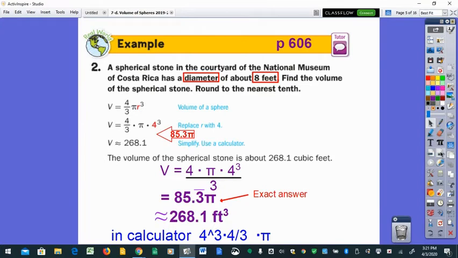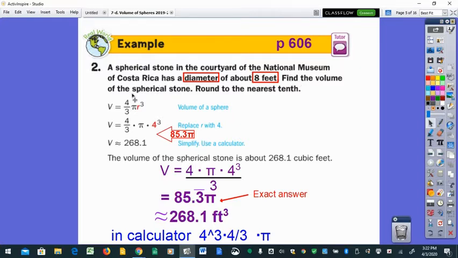Here's another example done in words, and you'll notice as I read, as a reading strategy, I box in or circle or underline, so I kind of know what I'm working with as I read. A spherical stone in the courtyard of the National Museum of Costa Rica has a diameter of about 8 feet. Find the volume of the spherical stone.